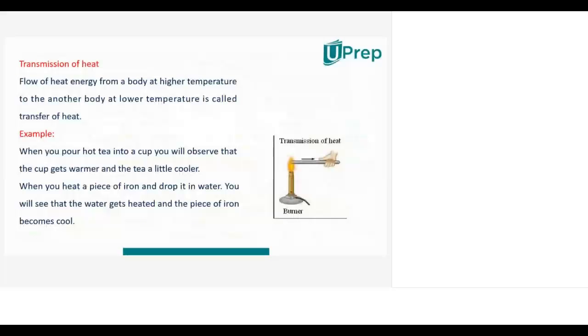Suppose I ask like this: A and B are at thermal equilibrium, and the temperature of object A is 90 degrees Celsius. What will be the temperature of object B?